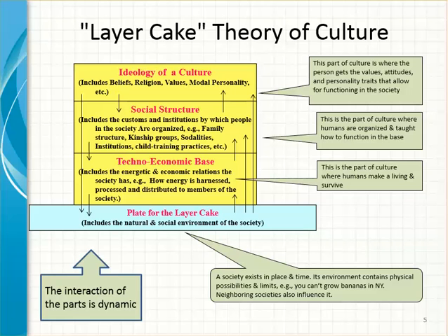Now, if a Yanomami man was transferred to our society, he would end up in jail or on Rikers Island pretty quickly, because that kind of behavior is considered dysfunctional. It's not socially tolerated in our culture. So it's in the ideology section.